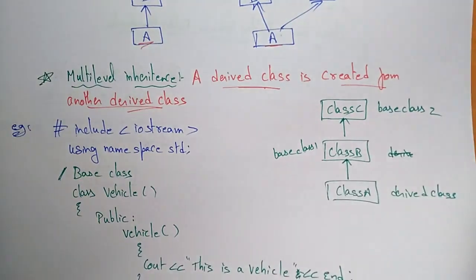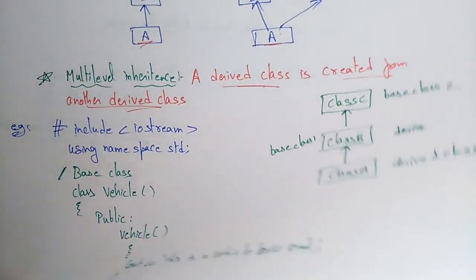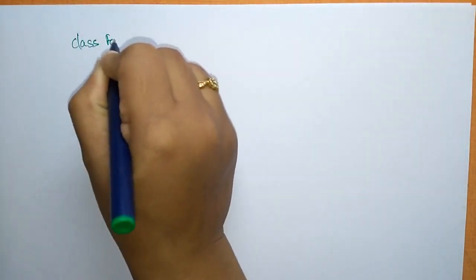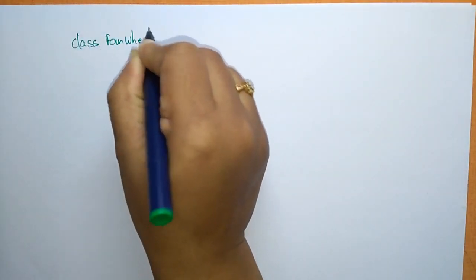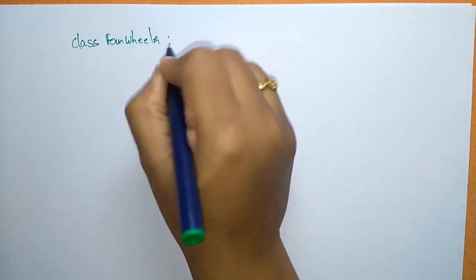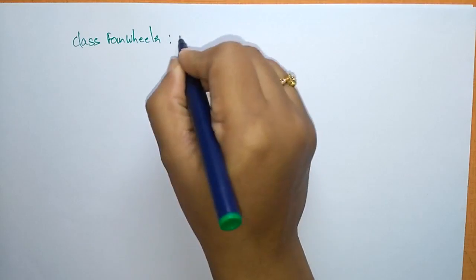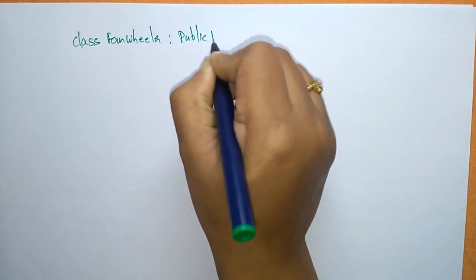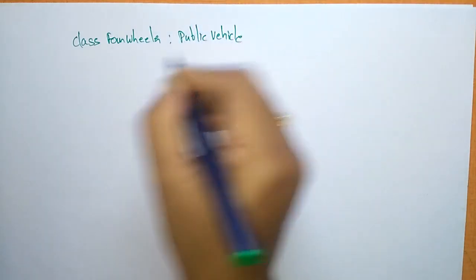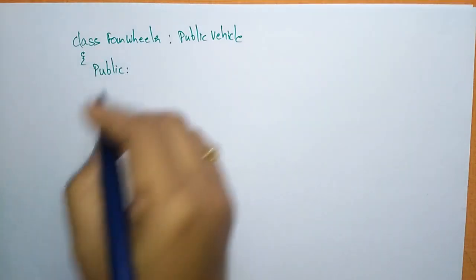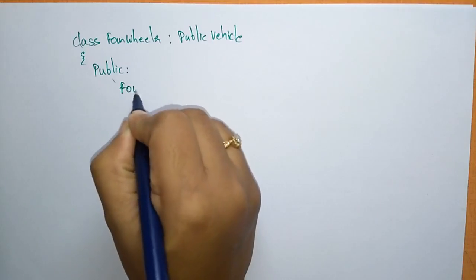Now this is multi-level, so I have to write another derived class. Let us write a class four-wheeler, which is a subclass, or a base class for another derived class. So public vehicle. Now I am declaring the items public so that other classes can access these functions.